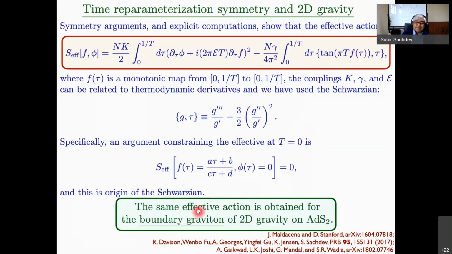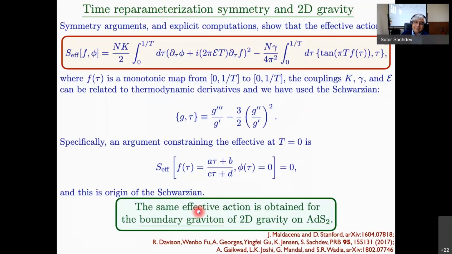So in addition to these gapless fermions that are present, there's a collective mode, which is the boundary graviton in this theory.